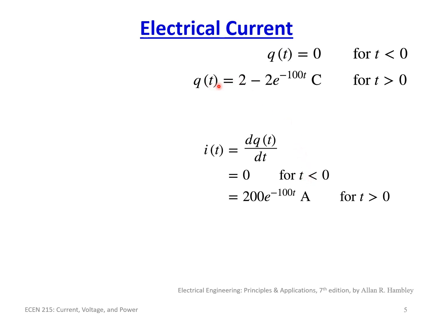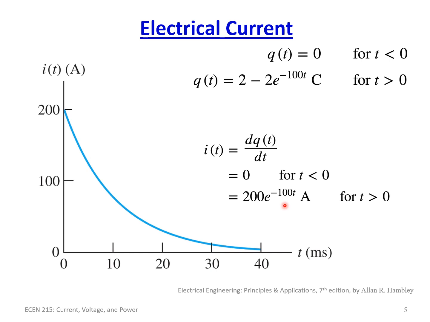For the other part, the 2 is a constant term, so its derivative becomes 0, and then we have minus 2 e to the minus 100t. Taking the derivative, we end up with 200 e to the minus 100t amps, which looks like this. Initially we have a spike of current, and it slowly decreases exponentially until the current drops to pretty much zero after 40 milliseconds.